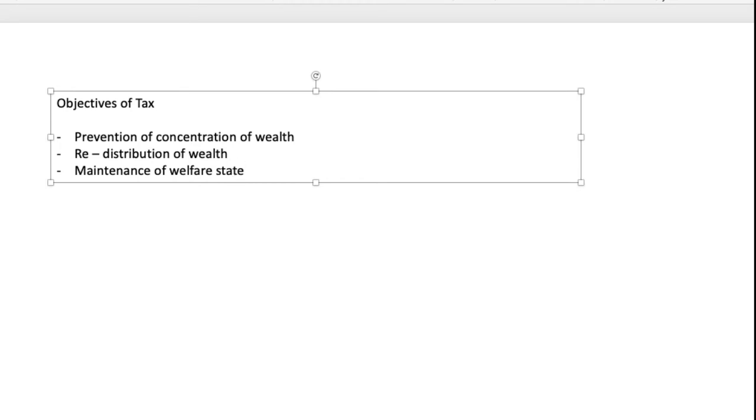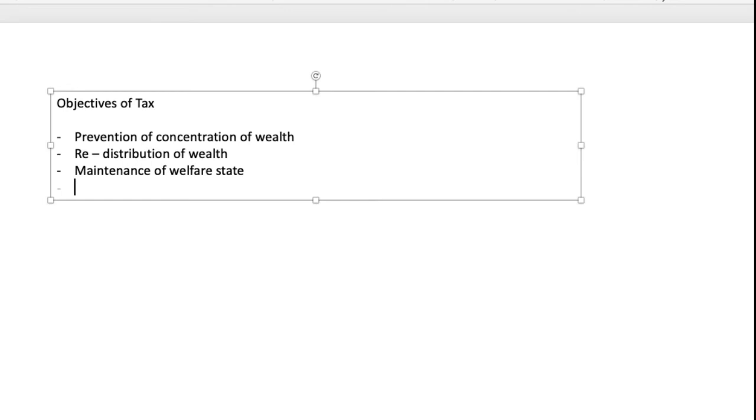Next, the last one: to provide economic justice, as per the constitution. It should be noted that Article 39 of the Indian Constitution directs that the state should strive to secure that citizens, men and women, have an equal right to an adequate means of livelihood, that the ownership and control of material resources of the community are distributed to serve the common good, and that the economic system does not result in concentration of wealth.